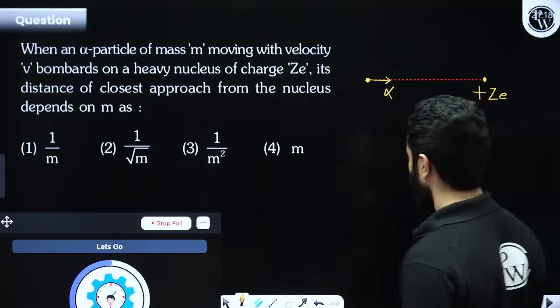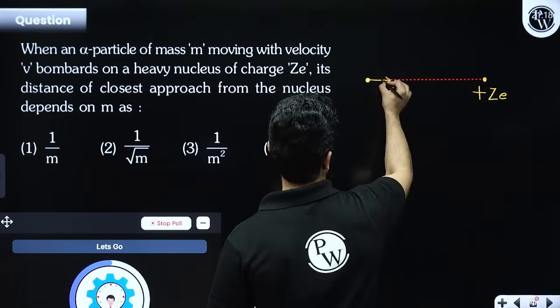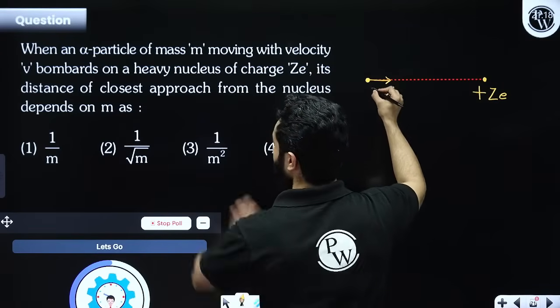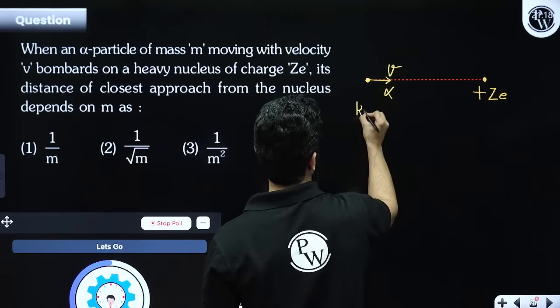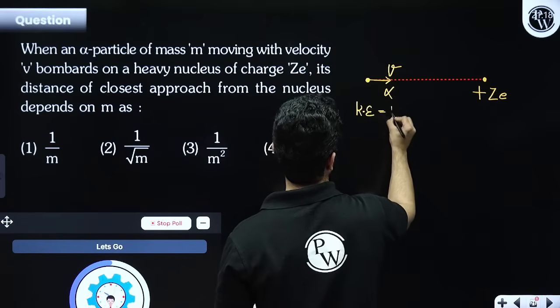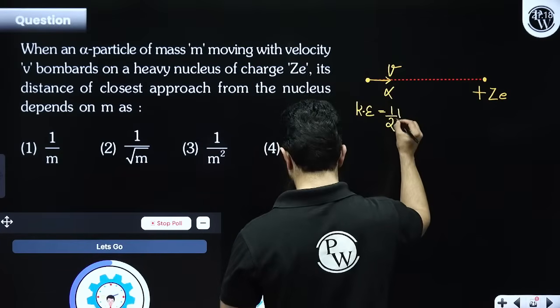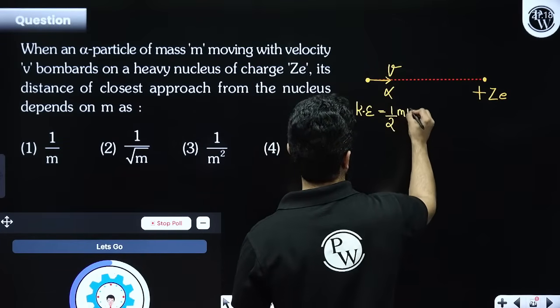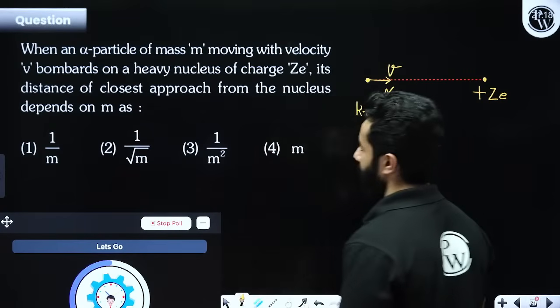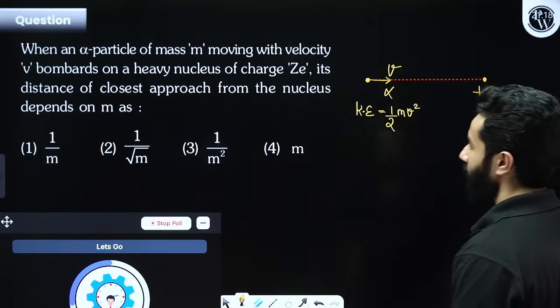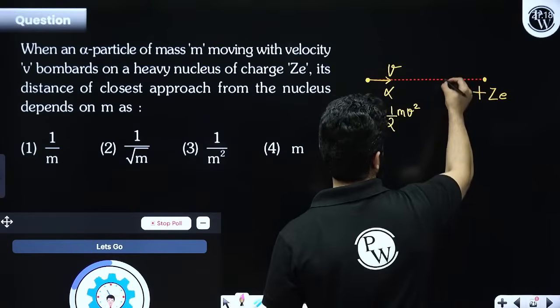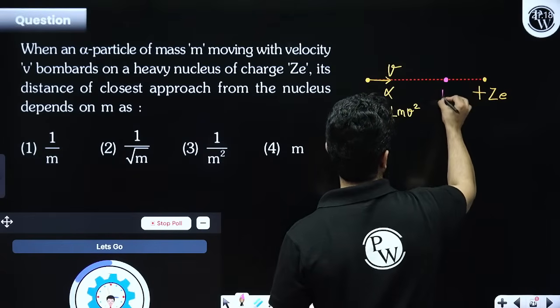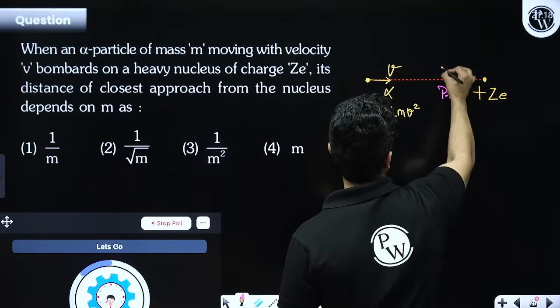So, distance of closest approach. Let's suppose it has some velocity v. That means right now it has kinetic energy half mv square. At a particular point, this entire kinetic energy will get converted to potential energy and it will become at rest.